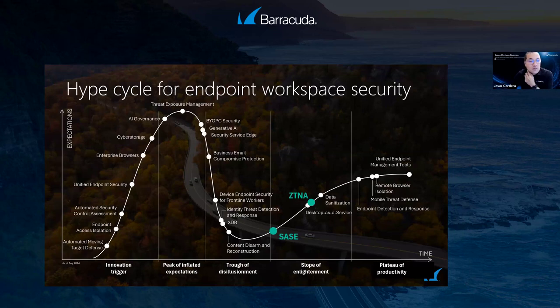More conservative, more experienced people that don't want to adopt something really quick, they wait until the curve goes down through the disillusionment, where we realize, oh, it's not that cool as we thought. And then it becomes more mature, more stable, more standard, and easier to adopt because it's going to have fewer flaws, right? This is the case for SASE and for ZTNA right now.